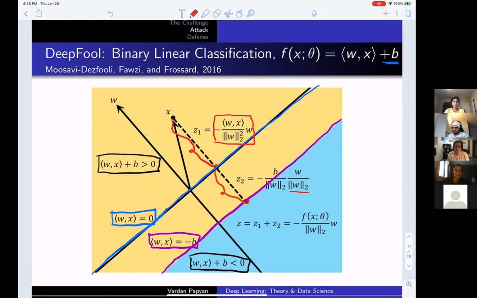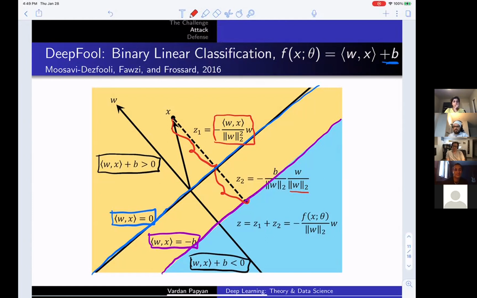Okay, so maybe I should explain. If you're trying to create a perturbation from x all the way to, let's say, the blue line, then based on the previous slide, you know the direction in which you're going is w over the L2 norm of w, just the unit vector. And in this specific case, you just need to go a little bit extra in the same direction.